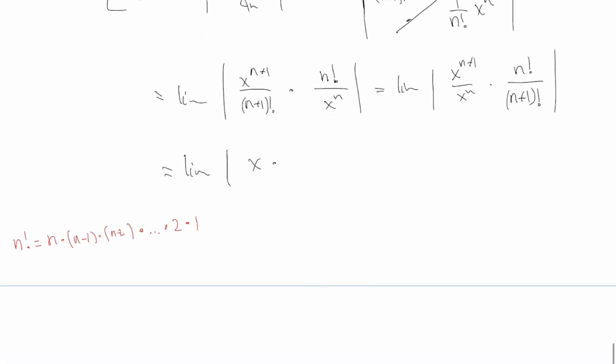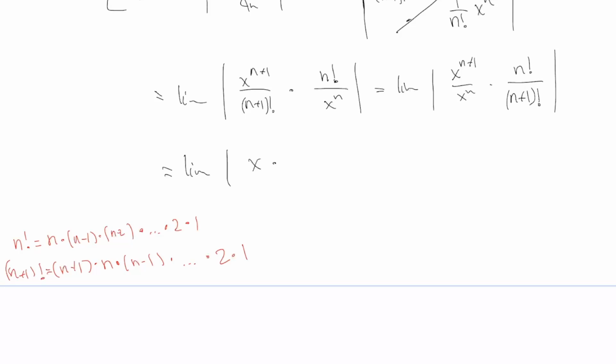So n plus 1 factorial is actually almost the same. If n was 4, I'm trying to compare 4 factorial versus 5 factorial. The difference is you start with one higher number. So n plus 1 factorial starts with n plus 1, and then you go times the next number down, which would be n, and then times n minus 1, times all the lower numbers down to times 2 times 1, all right?